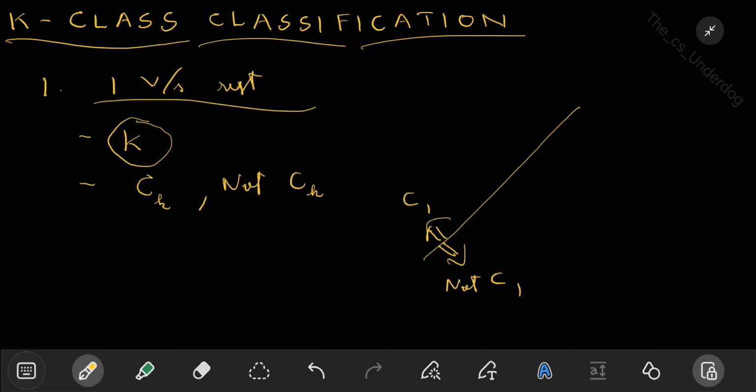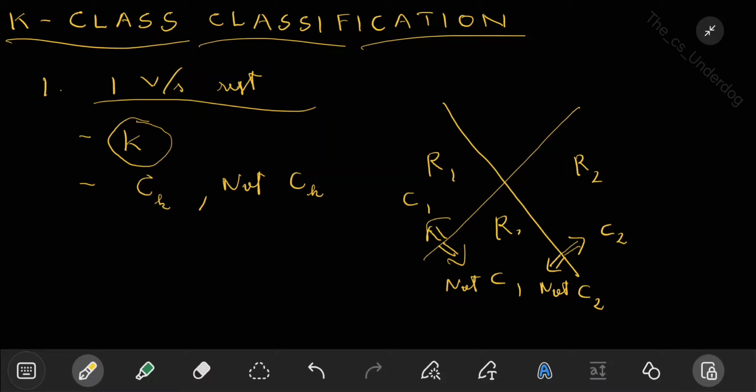And you have another decision boundary, this one, which says above this it is C2 and below this it is not C2. This is what decision boundary 1 and decision boundary 2 say. These decision boundaries divide the whole area into 4 regions: R1, R2, R3 and R4.